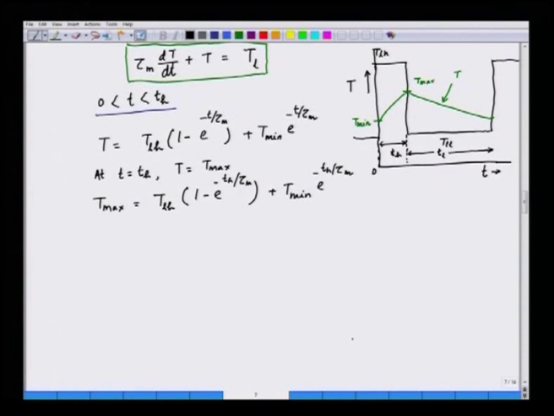Now, from this we can also find out what is the flywheel inertia or tau m.